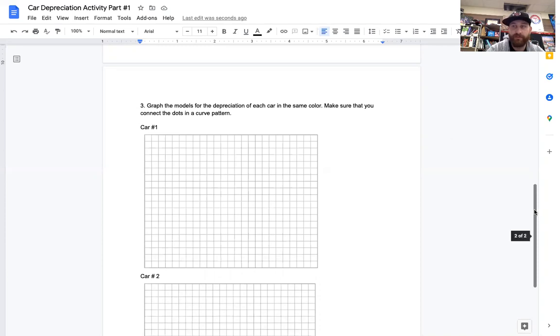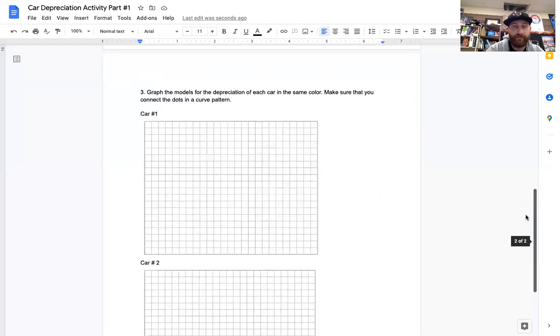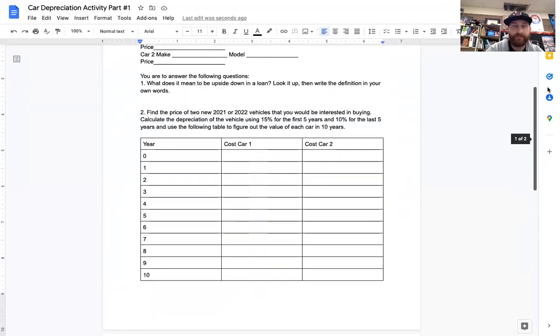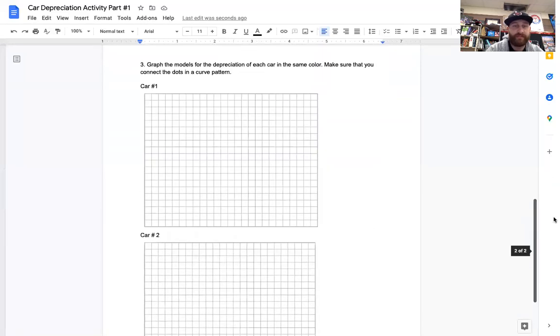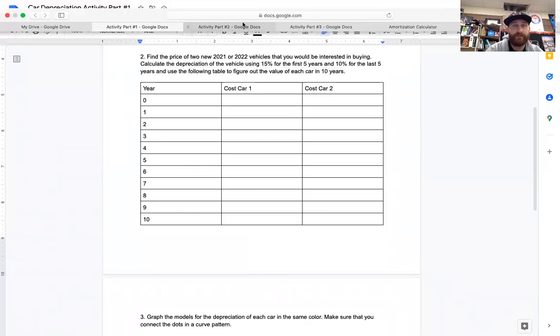Then you just plot your points like you normally would. My first point would have been 0 and 35,000. I kept going based off my values and did the same thing with car two. The x is always going to be 0 through 10. That's what you've done from activity 1.